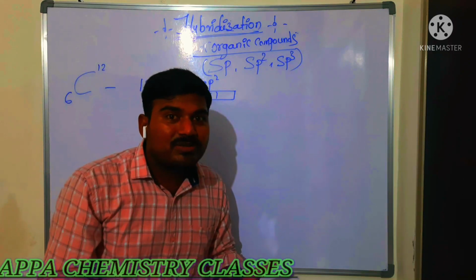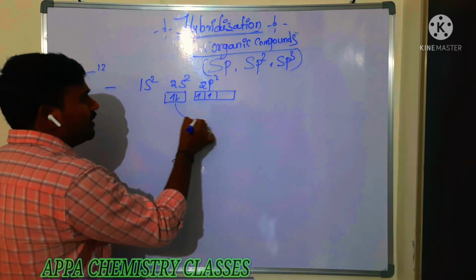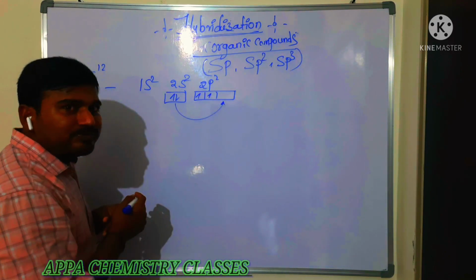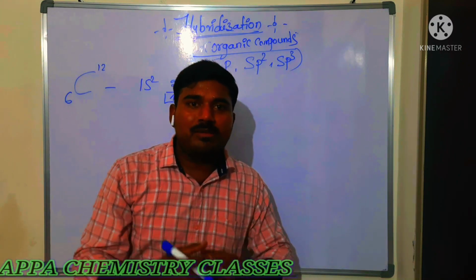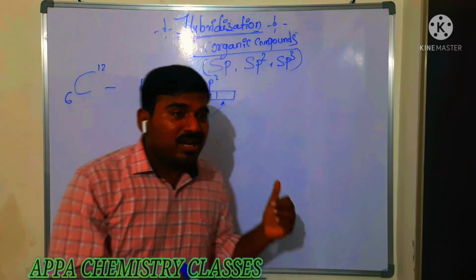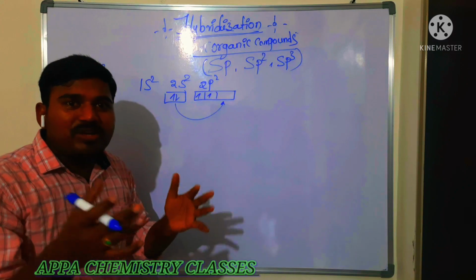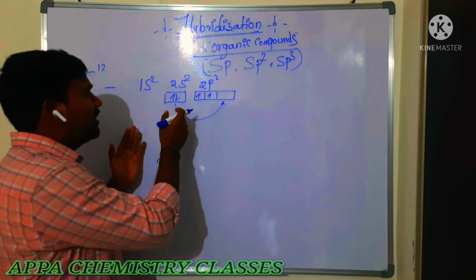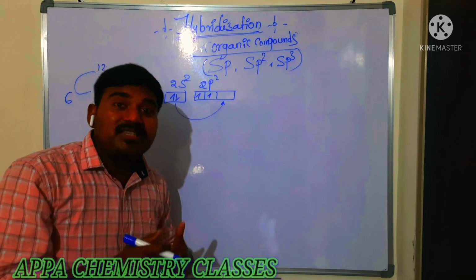But one of the electrons present in the 2s orbital will be excited into 2p. How, sir? By absorbing energy. Who will give the energy to excite that 2s electron into 2p? No one will give it, so the atom gains that energy itself.